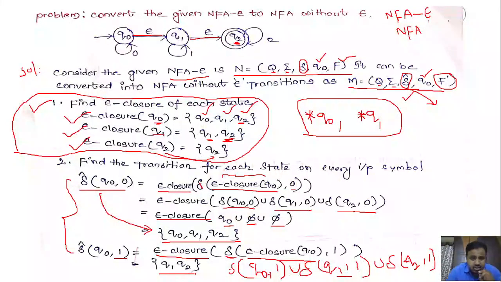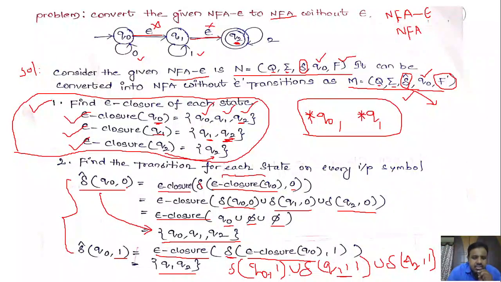symbol. So the input symbols we can determine from the given problem. We have the input symbols 0, 1 and epsilon. Since we are considering the NFA without epsilon, we need not bother about the epsilon. So what are the input symbols in your NFA without epsilon? 0 comma 1. Okay.